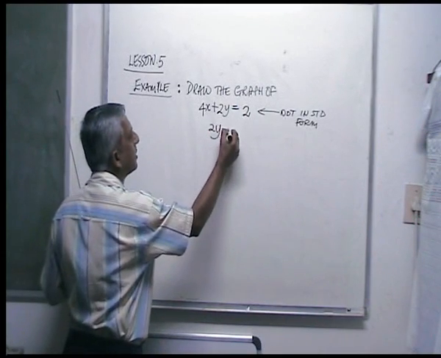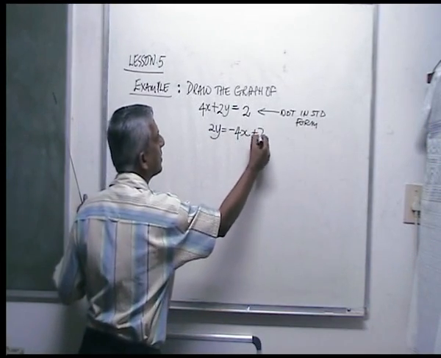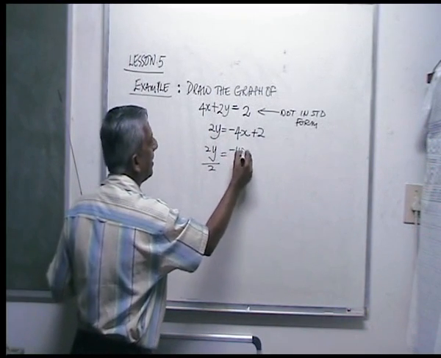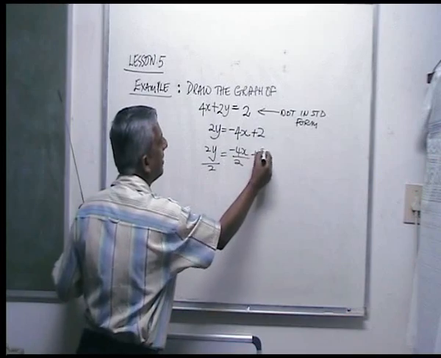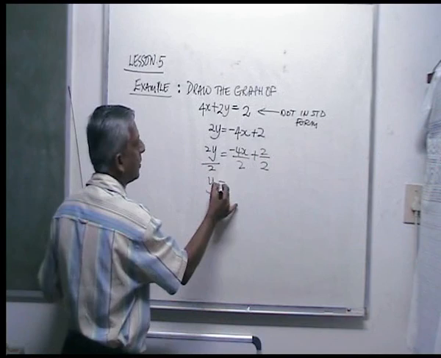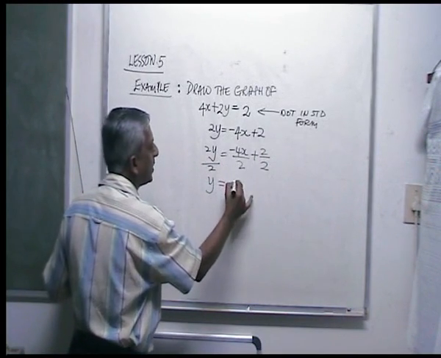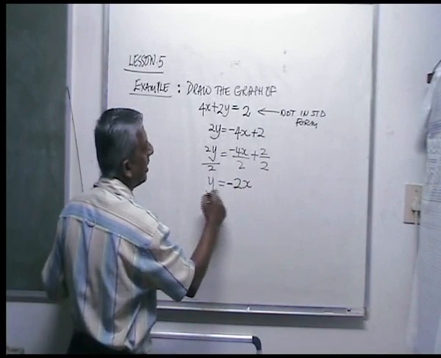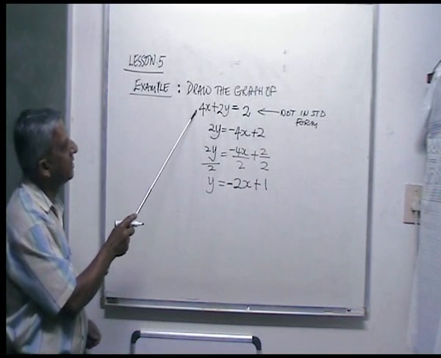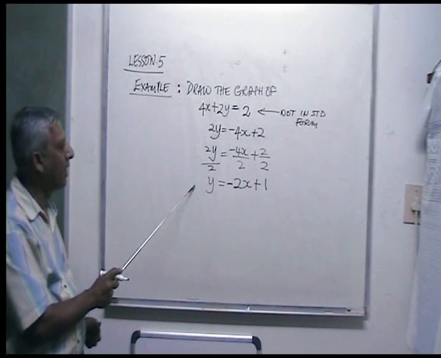So you'll say 2y is equal to minus 4x plus 2. Well, there's 2y, I'm going to divide by 2, divide that by 2, and divide that by 2. So this gives you y is equal to, minus divided by plus will give you minus, 4 divided by 2 is 2, minus 2x plus 1. So that equation there is really y is equal to minus 2x plus 1.